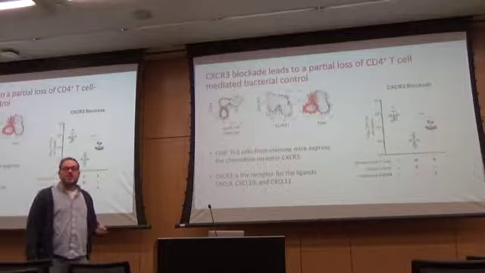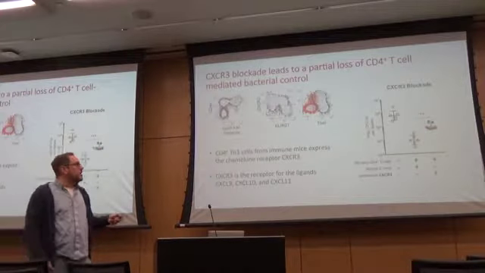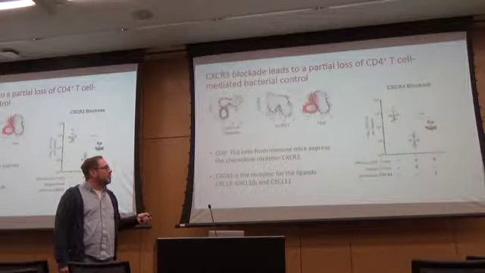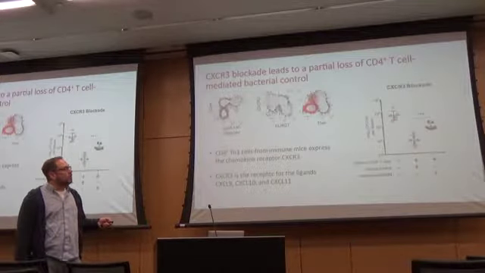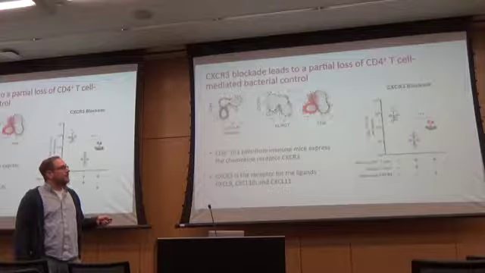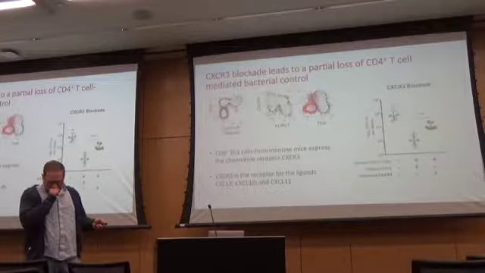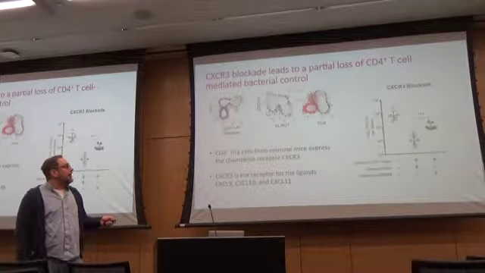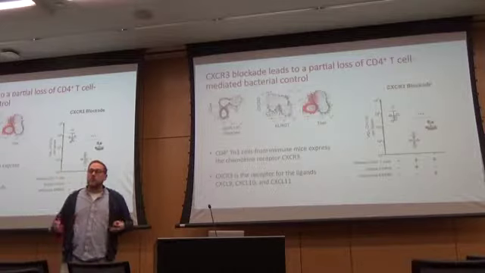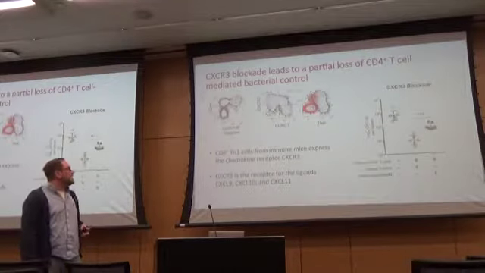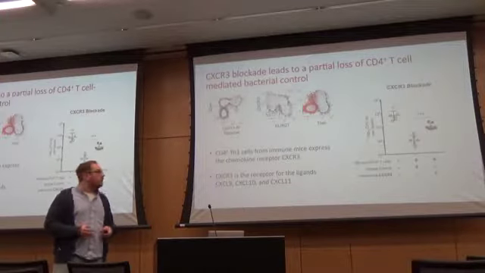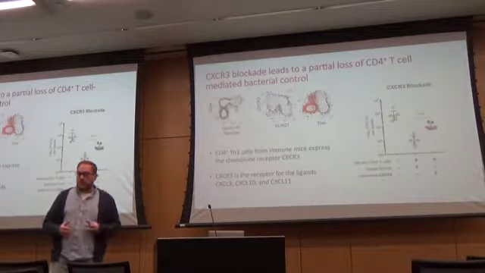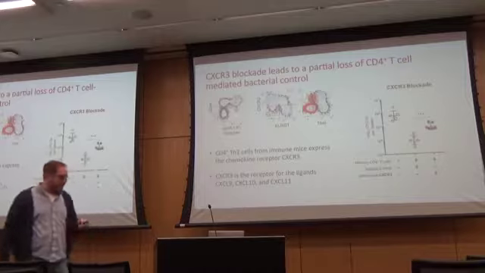You add memory CD4 T cells to this mouse, the bacterial burden is controlled significantly. And if you block CXCR3, that control is at least partially released, indicating that this feedback loop is important for CD4 T cell mediated control of these bacterial clusters.